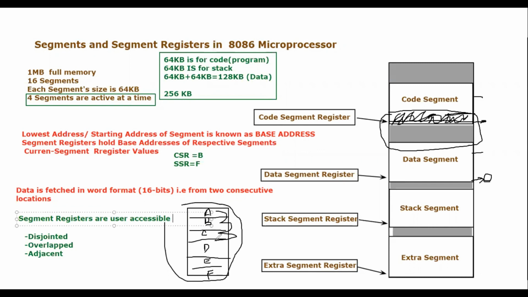So these are the three possible scenarios for segments. They can be disjointed, as in this example. Overlapped, I discussed over here, so this can be the overlap example, and the third example could be adjacent. It depends upon the user or the programmer who is using the 8086 microprocessor. They can use it according to their specific need.